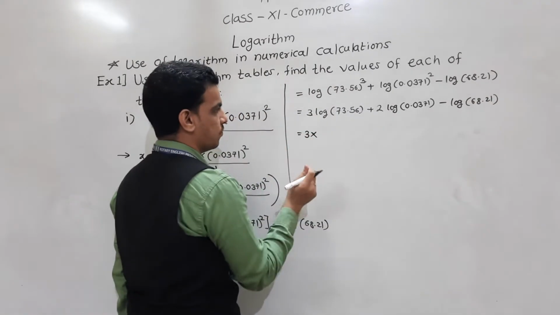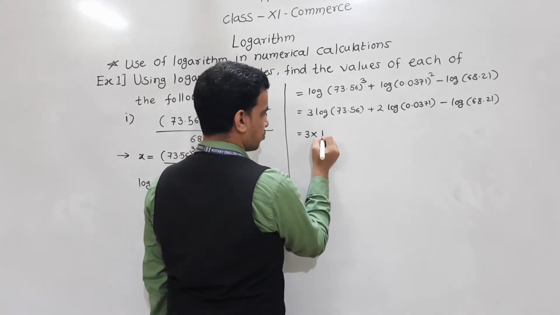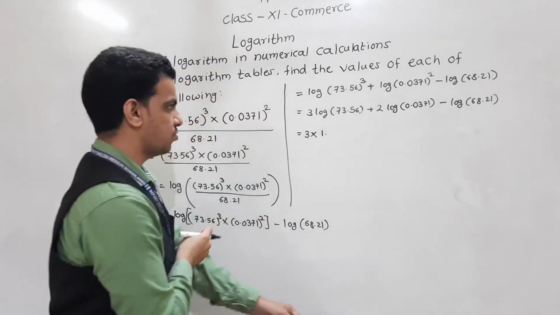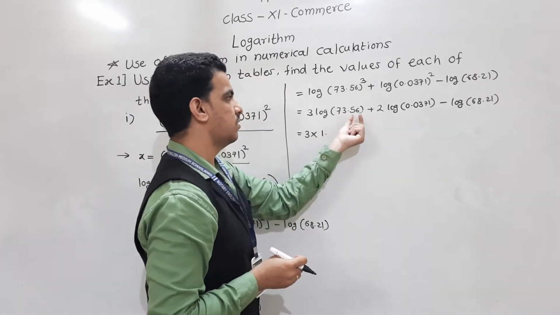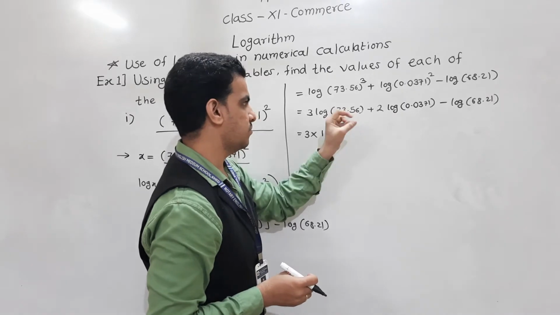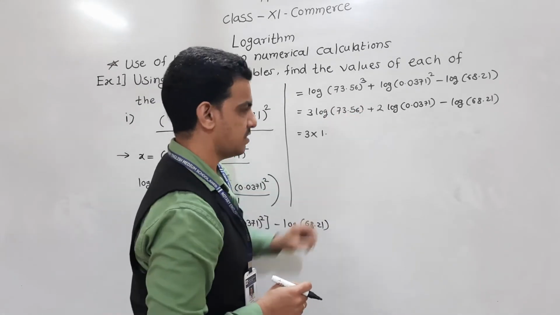So 3 into, here characteristic is 1. Okay, so 1 point. Now we have to look numbers in 73rd row and column headed by 5, in mean differences column headed by 6.